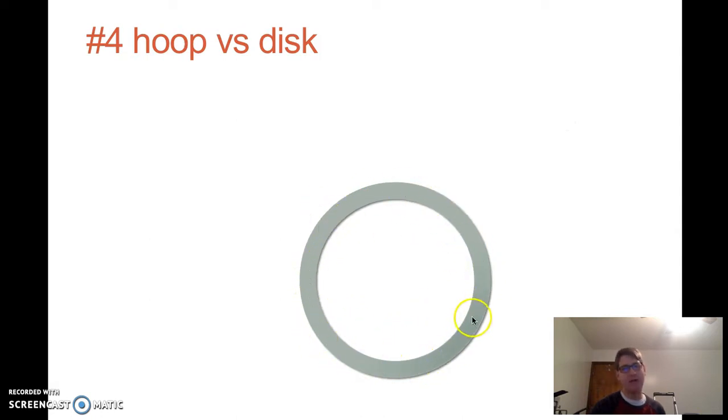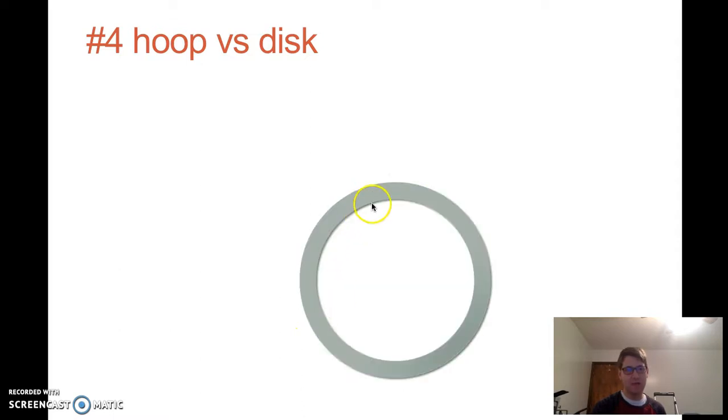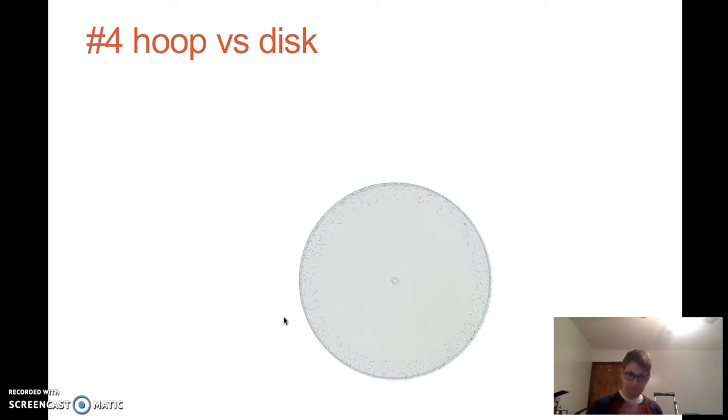If all the mass is at the maximum radius, then it's going to be harder to rotate, because all your mass is pushed out to the edge. What I'm attempting to show here with a disc is that the mass gets to be spread out more.